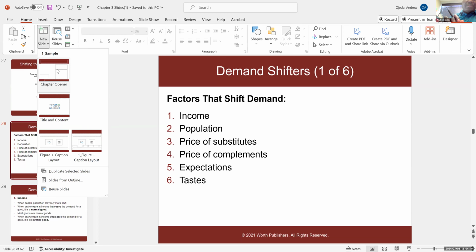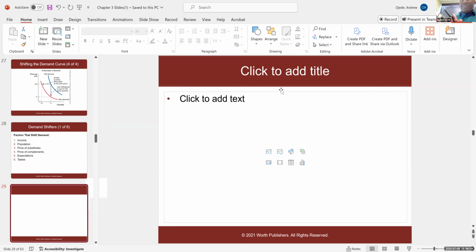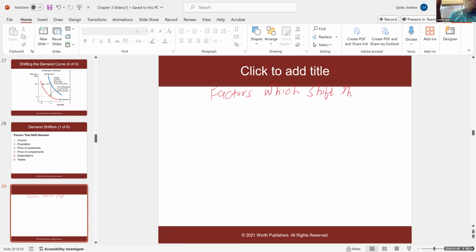There are two types of goods out there. So let's discuss the income factors which shift the demand curve. The first one is income, consumers' income.